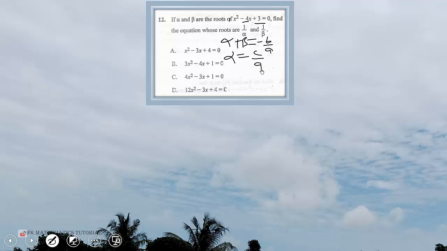So alpha plus beta, minus b over a, will be negative of negative 4 over 1, which is 4. Then c over a will be 3 over 1, which is 3.